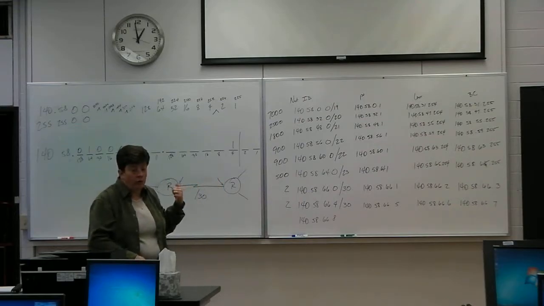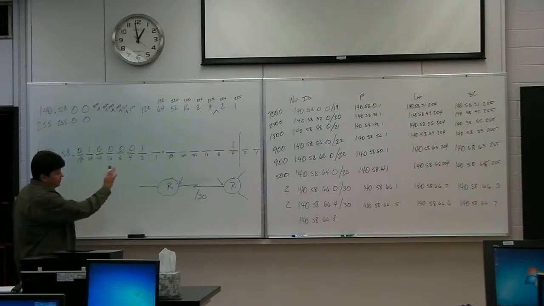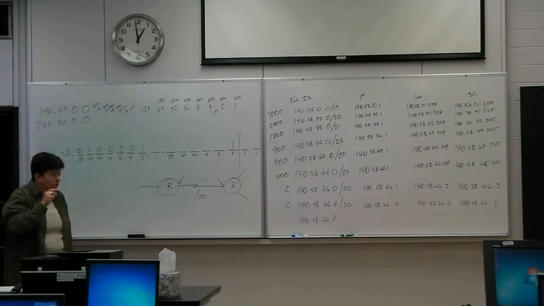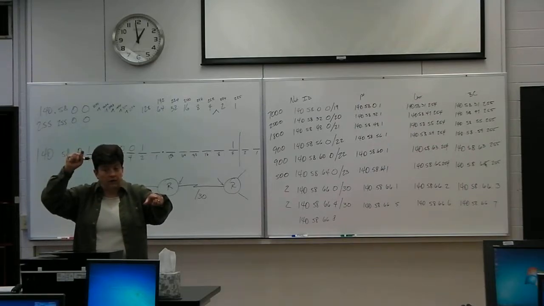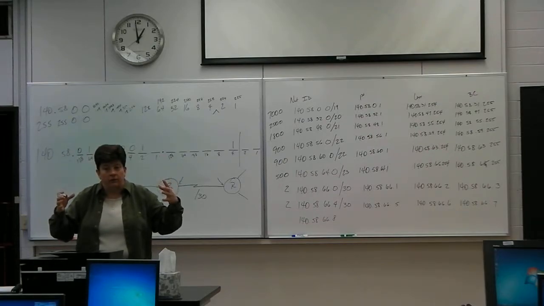If I'd have been told that I wanted 7,000 hosts in my network, and where I had that /19, if you take 2 to the 19, there's your 2 to the n minus 2, that would tell you how many networks I would have created.